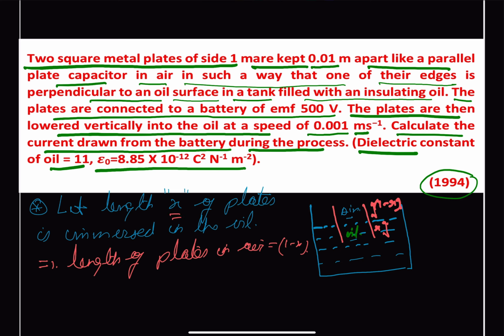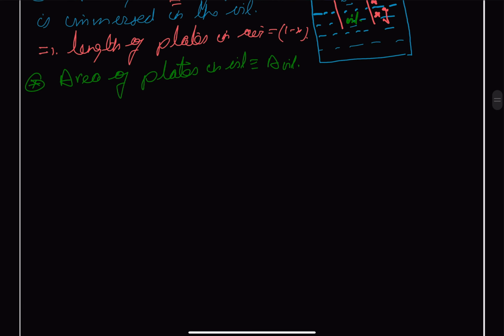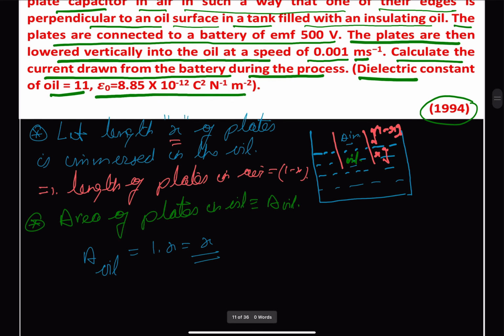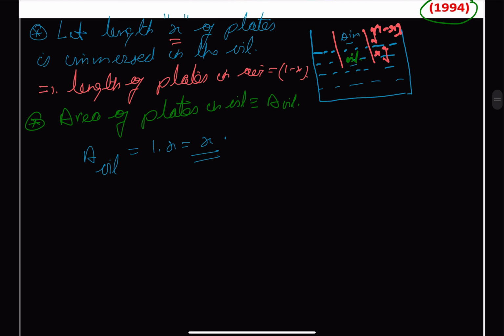Now we can find out the area of the plates in the oil and the area of the plates in the air. Area of plates in oil, let us call that A oil, will be equal to 1 multiplied by x. This comes as x, and it is in meters, so this comes as x meter square.